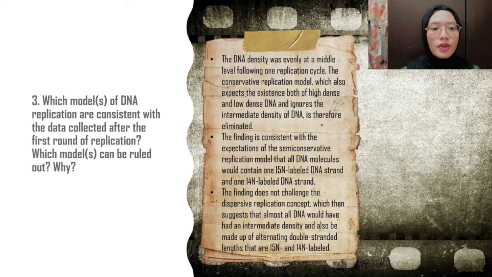The answer for question 3: the DNA density was evenly at the middle level following 1 replication cycle, which rules out conservative replication. So the finding is consistent with the expectations of semi-conservative replication, that all DNA molecules will contain 1 15N strand and 1 14N strand of DNA.